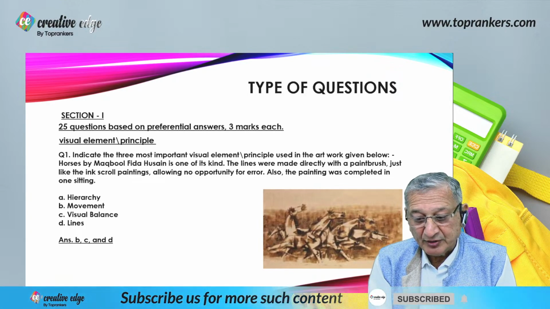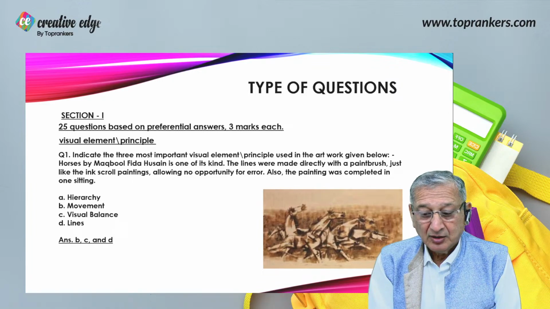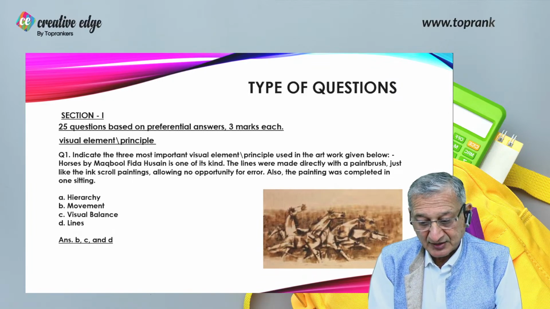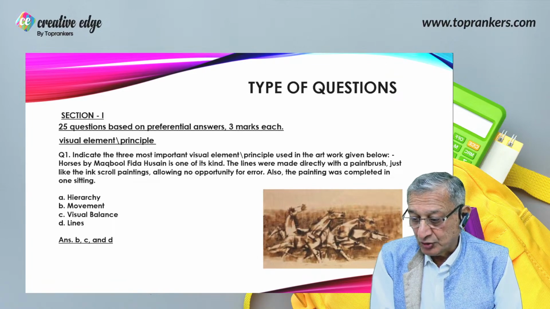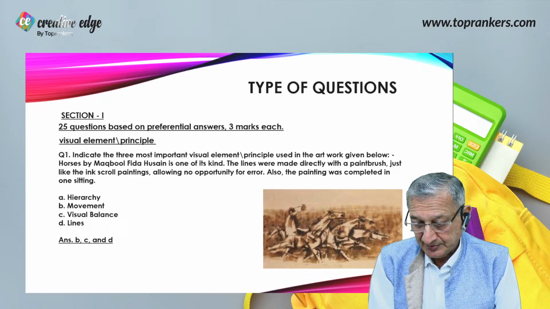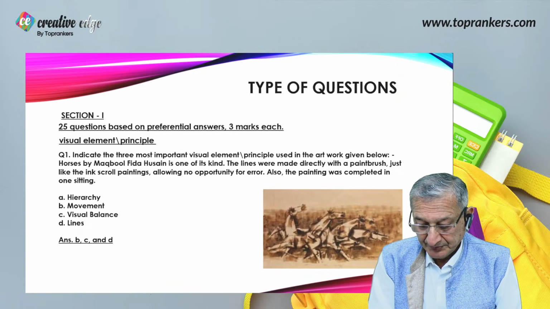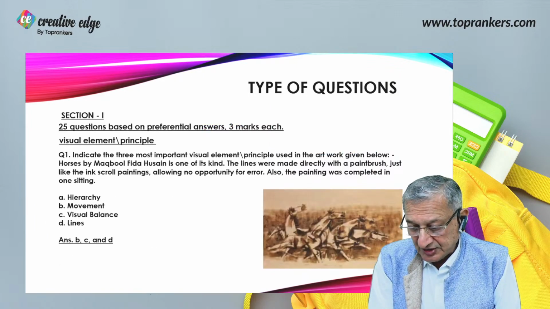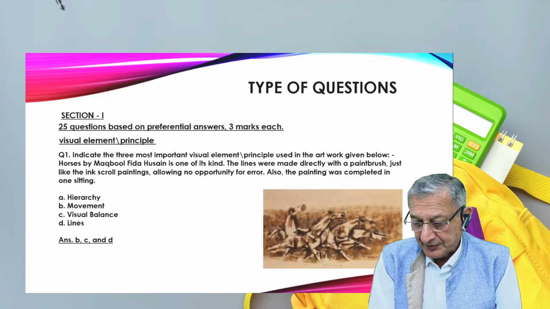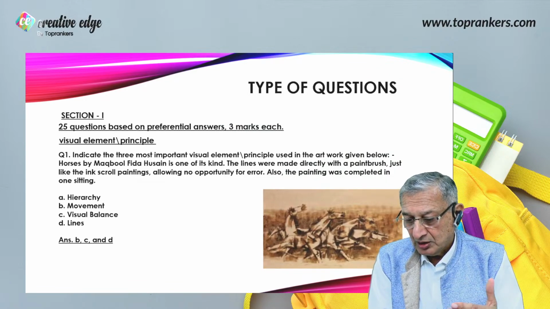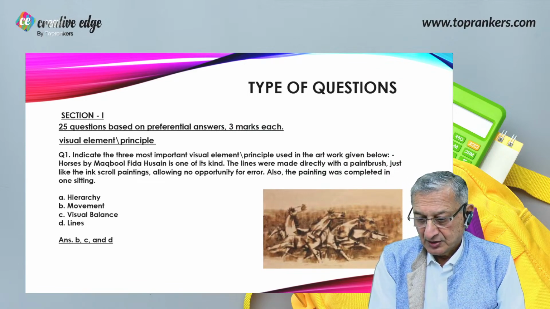The options given were hierarchy, movement, visual balance, and lines. Here, there was no hierarchy used. So the answers are B, C, and D. In this kind of answer, you may also choose your preferences for the answer.